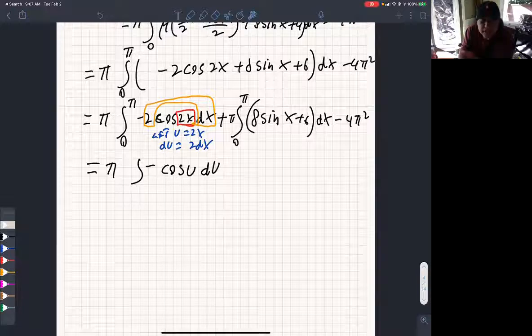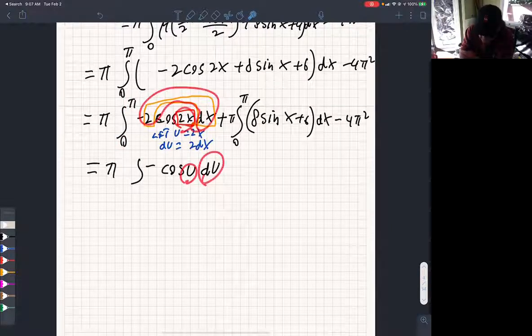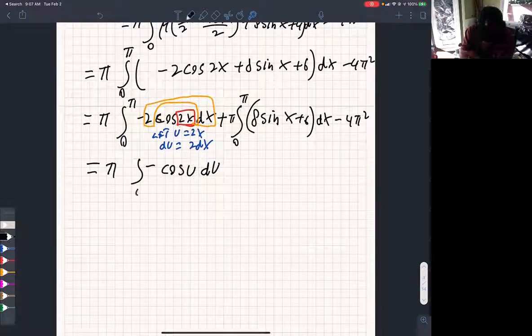Everything has to be changed to u's. That's x, that's x, that's x, that's x. I changed that to u. I changed all this to du. I need to change these to u. And it's going to be 0 and 2 pi. Why 2 pi? Just to remind you, plug in pi for x, and u becomes 2 pi.